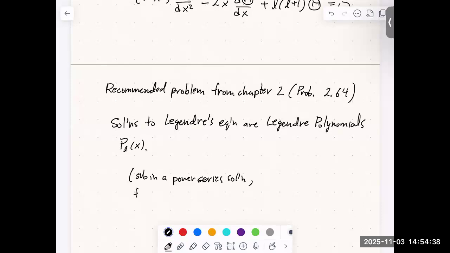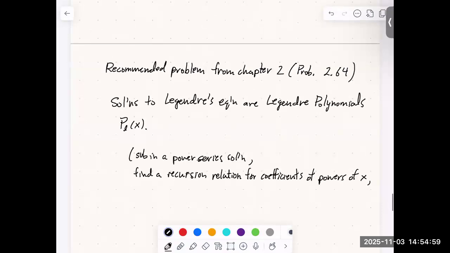Then you would find a recursion relation for coefficients of powers of x. And then what you would have to do is truncate the recursion relation to stop it from diverging.